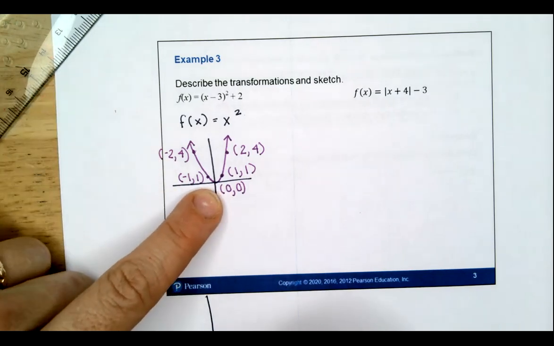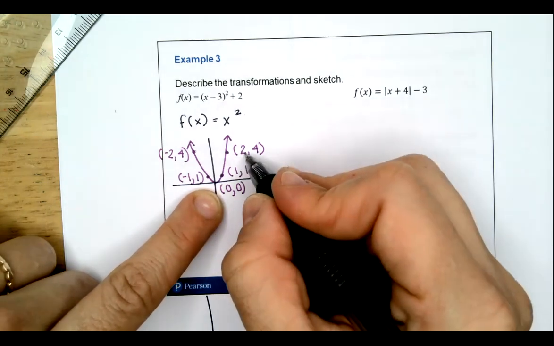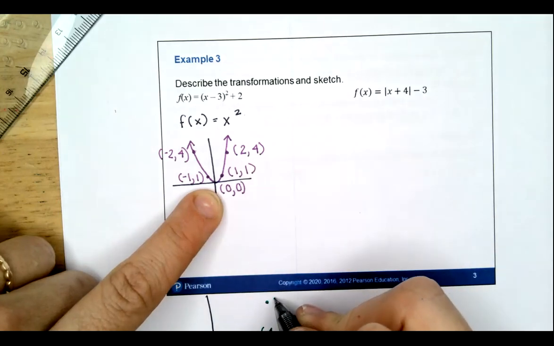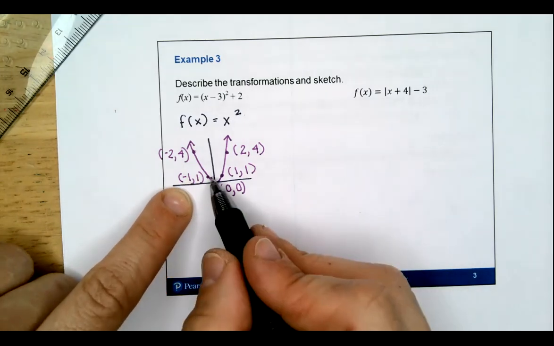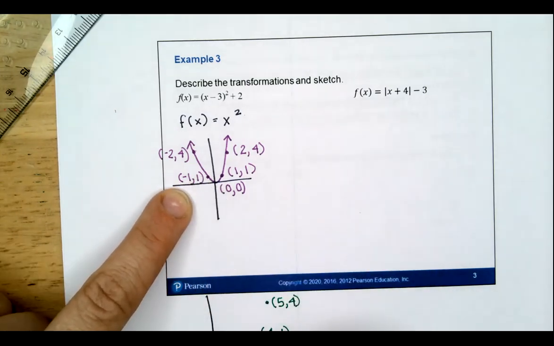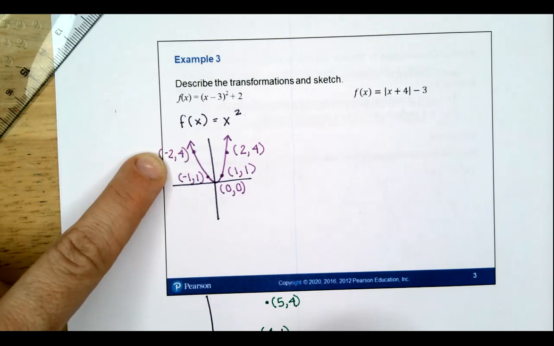We're going to change that to (3, 0). (1, 1) becomes 1 plus 3 is 4, so (4, 1). 2 plus 3 is 5, so that's (5, 4). Negative 1 plus 3 is 2, so (2, 1). Negative 2 plus 3 is 1.